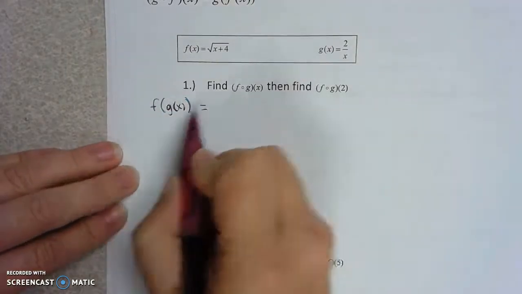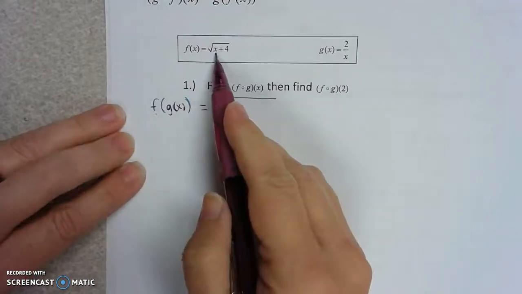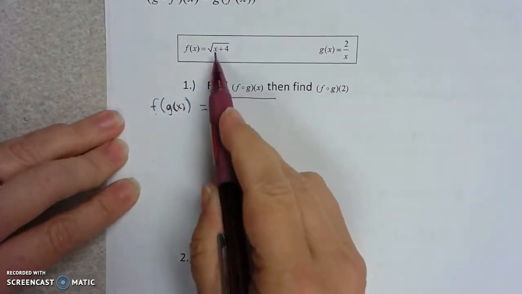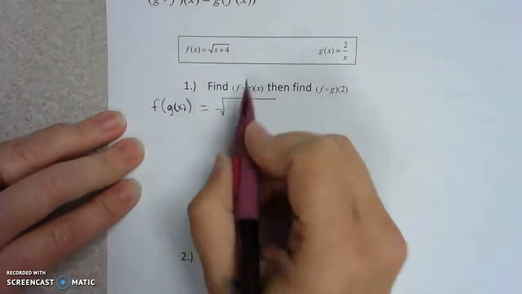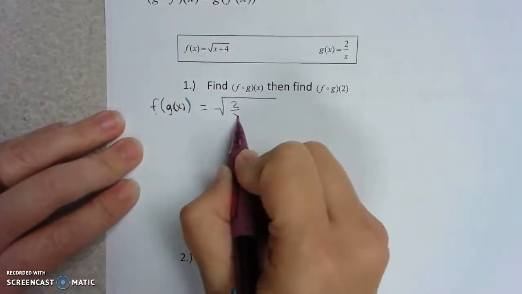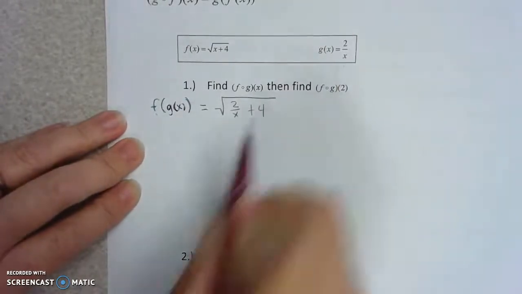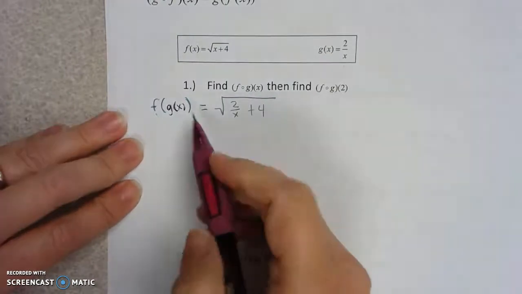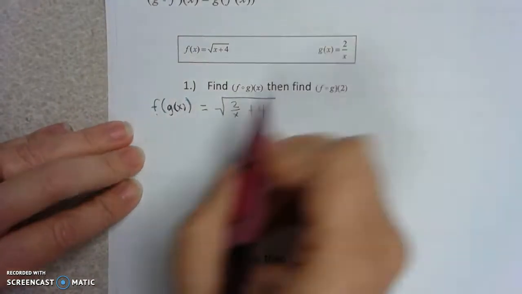Alright, to do that I take the function f, which is square root of x plus 4, and everywhere there's an x, I'm going to put 2 over x. So instead of writing this x, I'm going to write 2 over x, which is the function g, plus 4. Alright, and that is the f of g of x. Now I want to find f of g of 2.